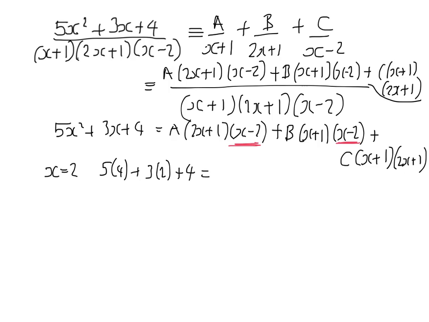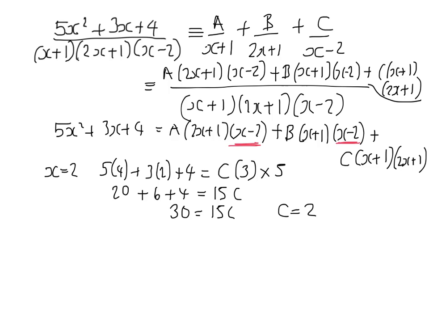The a term has gone because it was multiplied by 0, so is the b term, so we're just left with c, which is going to be 3 multiplied by 2 lots of 2 plus 1 by 5. Okay, so we've got 20 plus 6 plus 4 equals 15c, and that's 30 equals 15c, so we know that c is equal to 2.